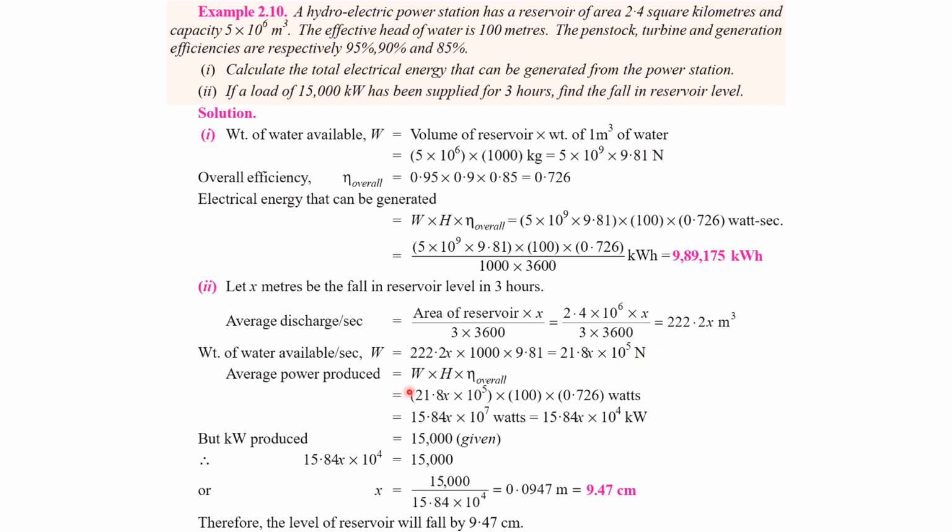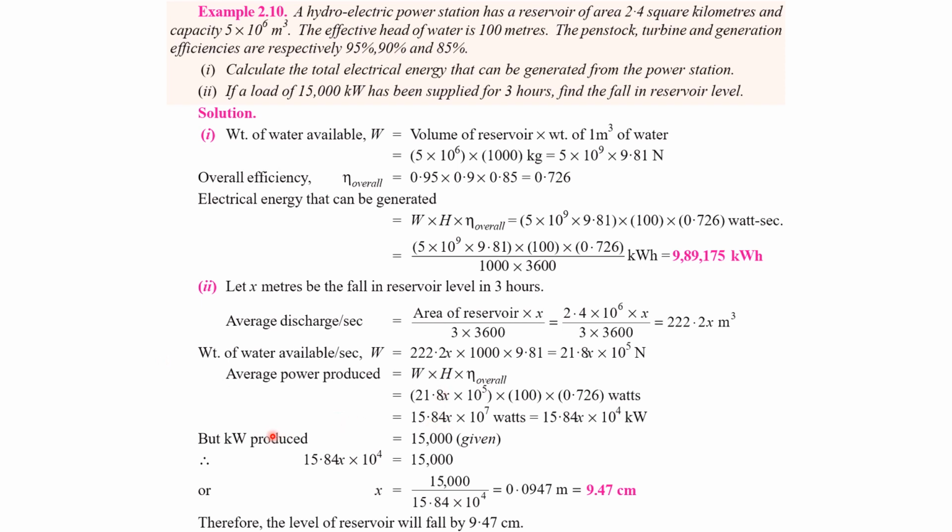The average power produced will be this weight multiplied by height into total overall efficiency. The height is 100 and the overall efficiency is 0.726. So you get 15.84 x into 10 power 7 watts, or 15.84 x into 10 power 4 kilowatts. This is the average power produced if that much water is released from this dam.